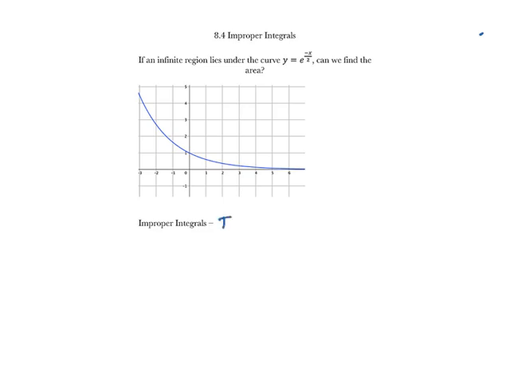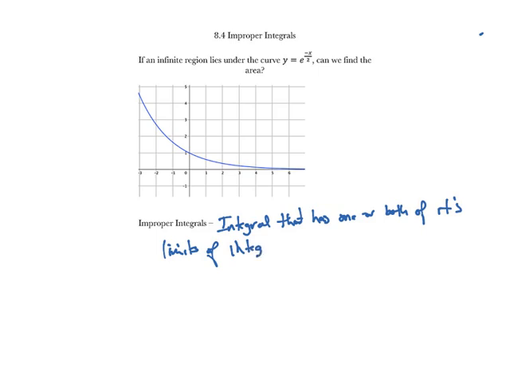So it's an integral that has one or both of its limits of integration as infinity, or there is a discontinuity within the limits of integration.